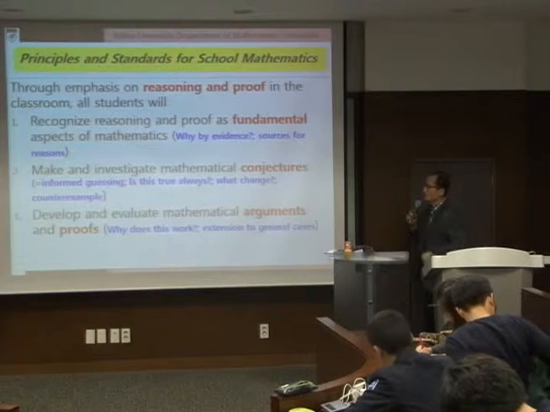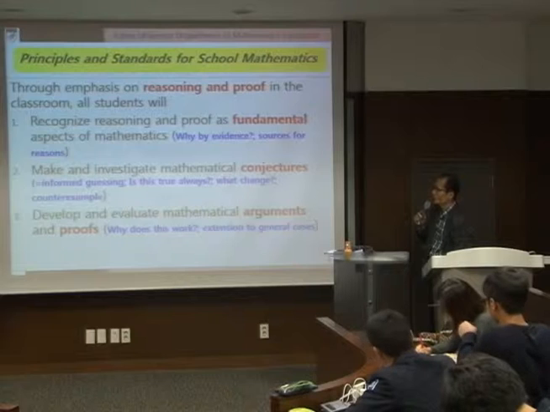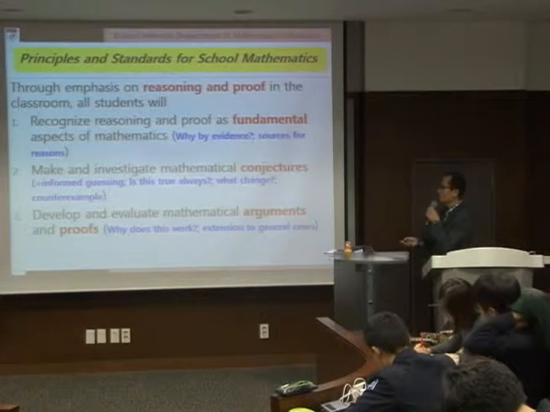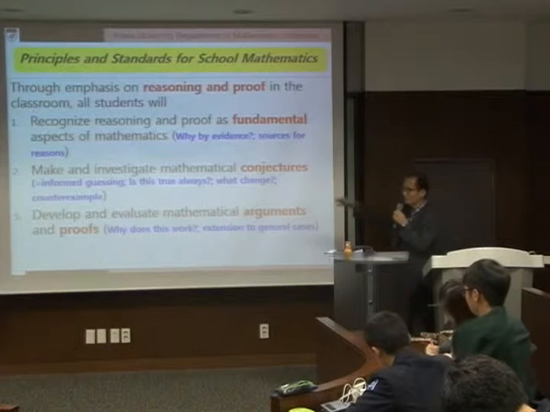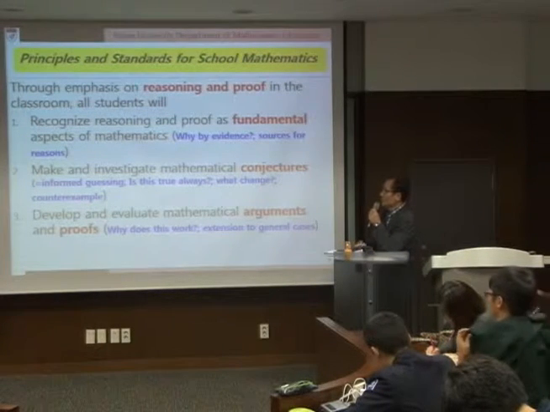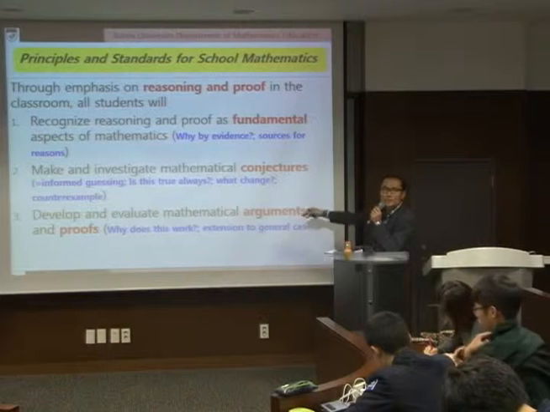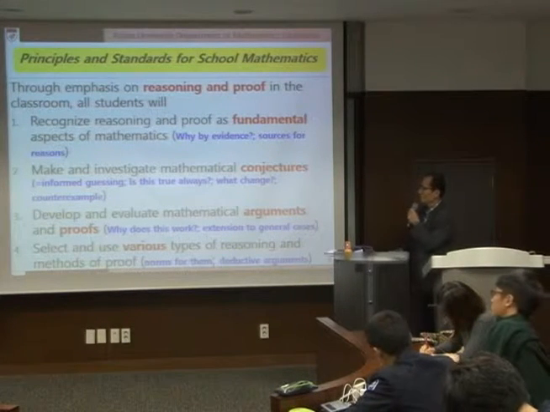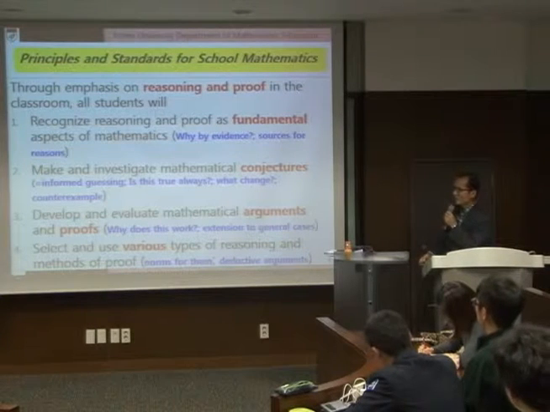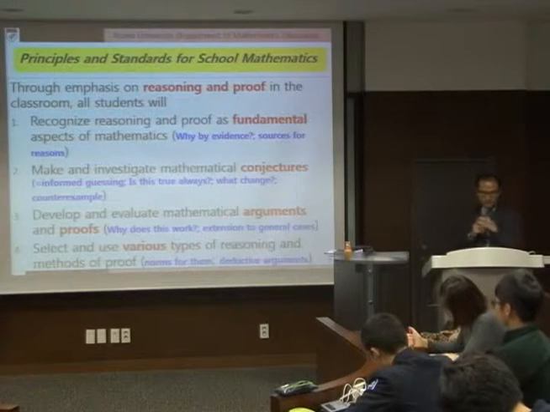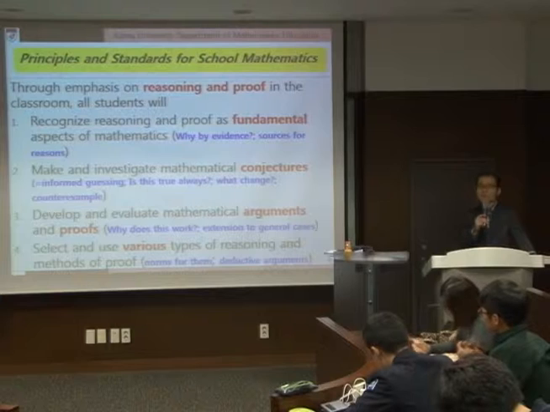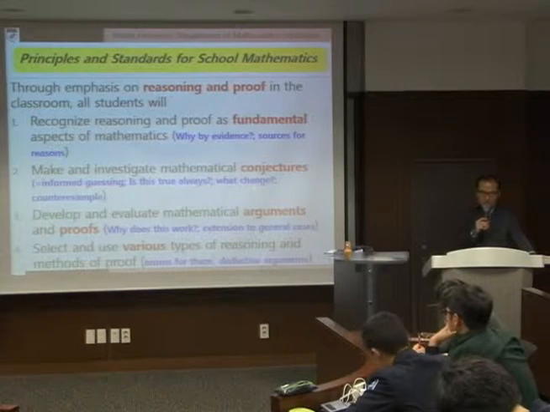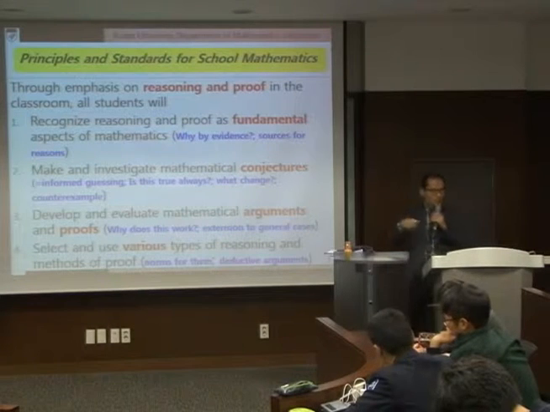The third one, develop and evaluate mathematical argument and proof. Why does this work? Extension to general cases or problems related to generalization can be in this category. And finally, select and use various types of reasoning and methods of proof. In this case, deductive argument or deductive proof is going to be representative in this category. So I hope you understand better.